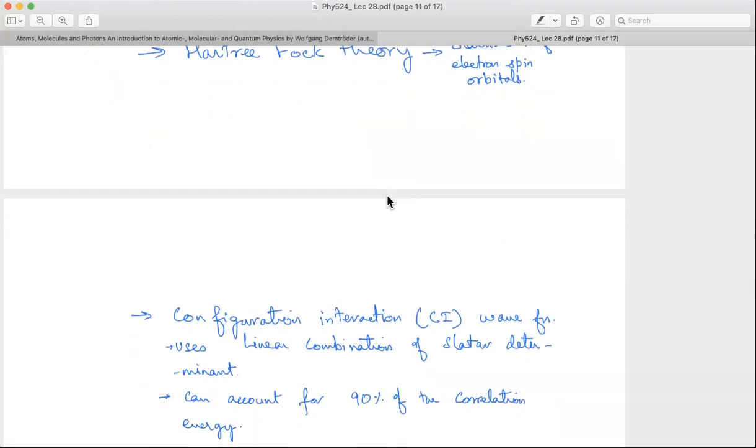And then just like atomic systems, you have the configuration interaction method, which uses linear combinations of Slater determinants, because a single Slater determinant does not really have all the symmetries. So I can construct linear combinations of Slater determinants to be consistent with the symmetry of the problem, Lz eigenvalues, etc. And these are basically known.